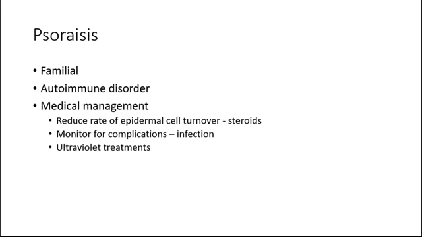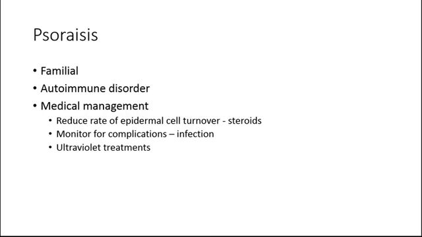Another mode of treatment for them is ultraviolet treatments, and the doctor will write a prescription for it. It's not something that you just go buy a tanning bed and use at home, or go to tanning salons. There are centers, and the doctor has to write a prescription for the ultraviolet treatment.